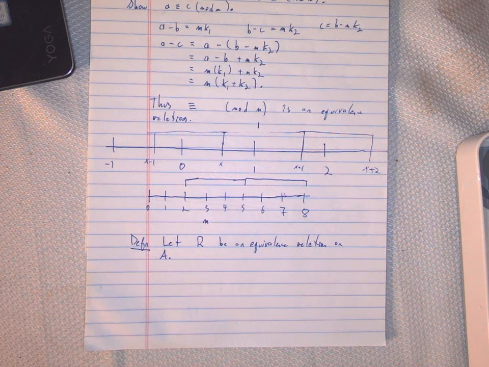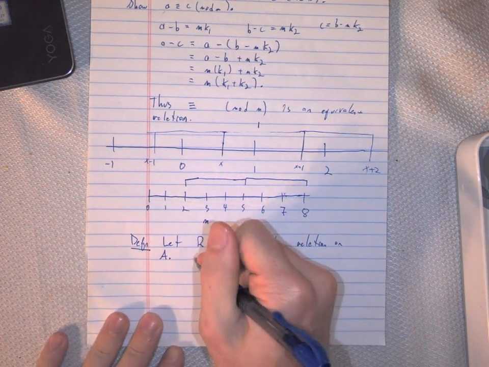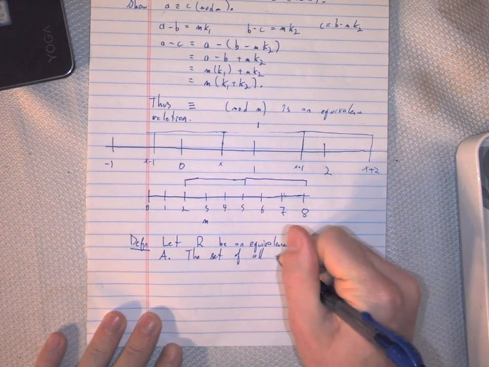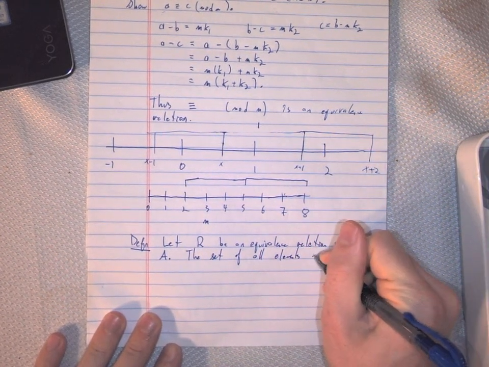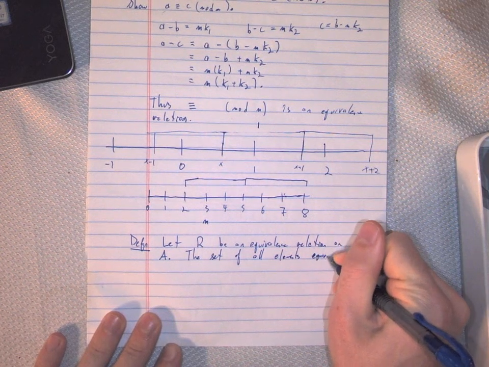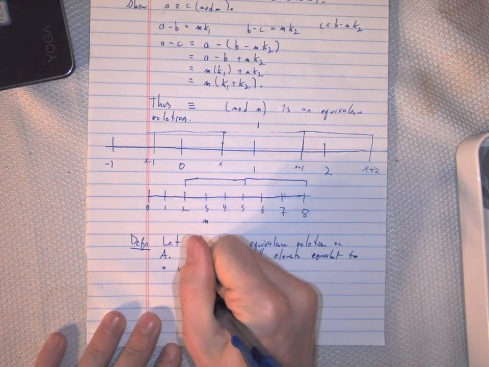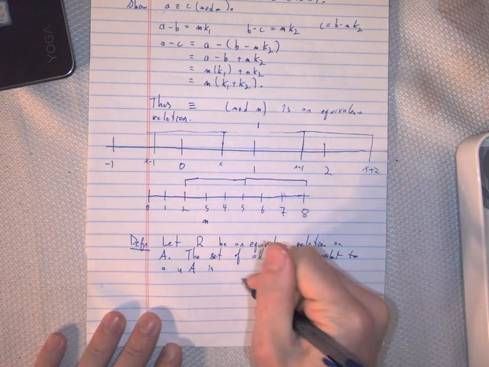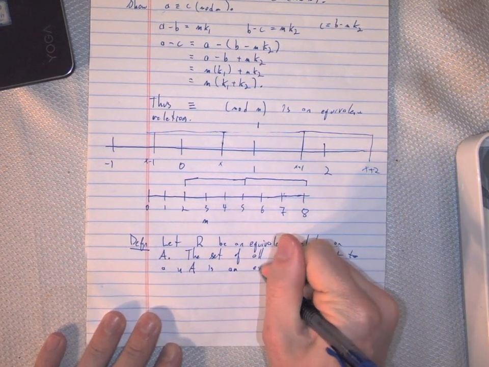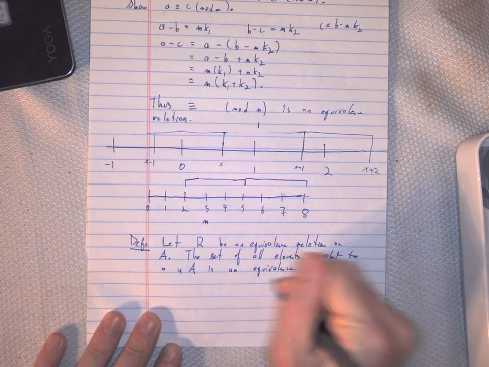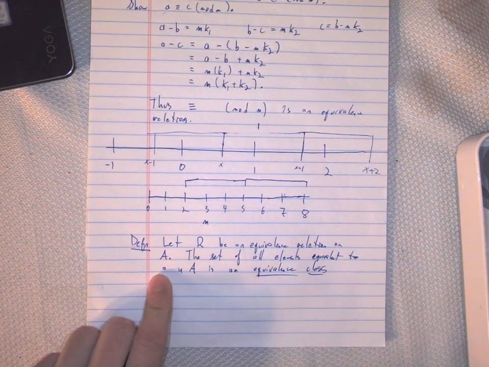So the set of all elements that are related to A is called an equivalence class of A. The set of all elements equivalent to little a in A is the equivalence class of little a.